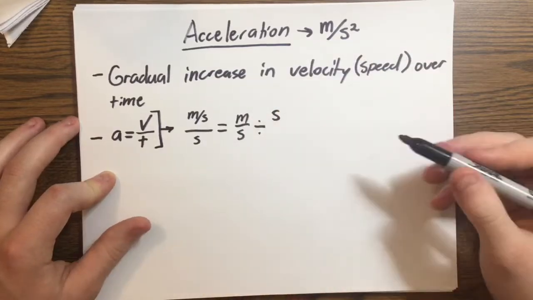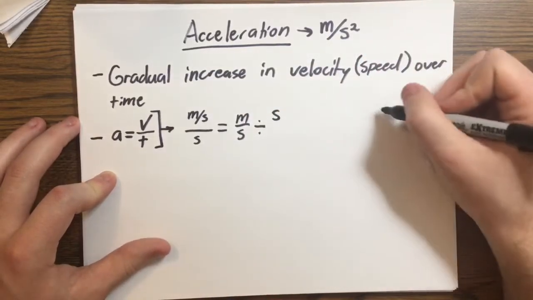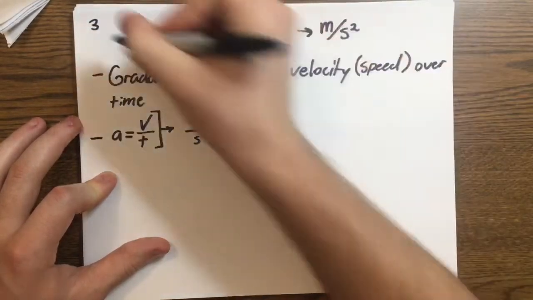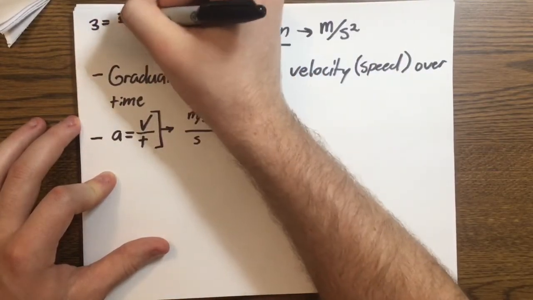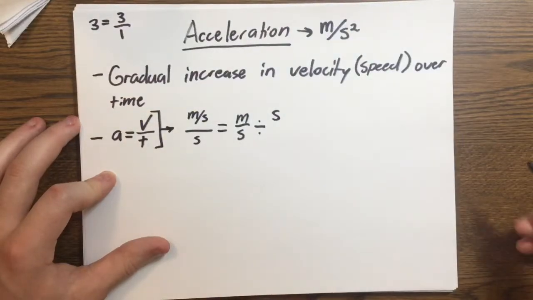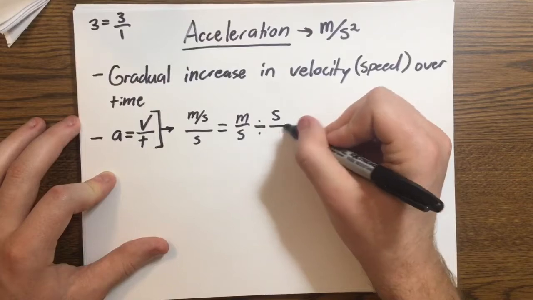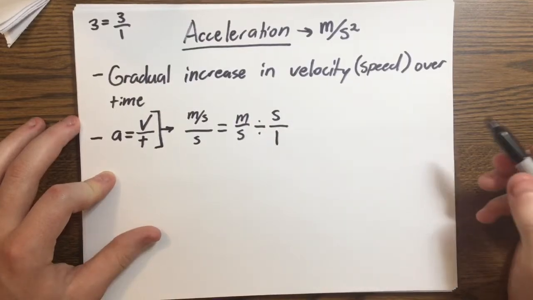Any whole number, like 3, is the same as saying 3 divided by 1. So this singular s is the same as saying s over 1.